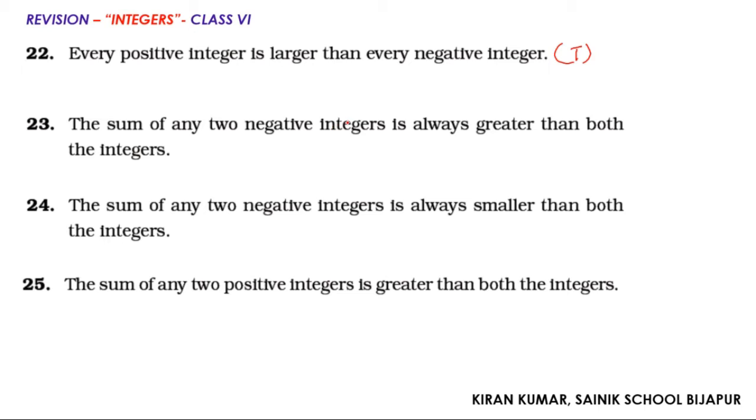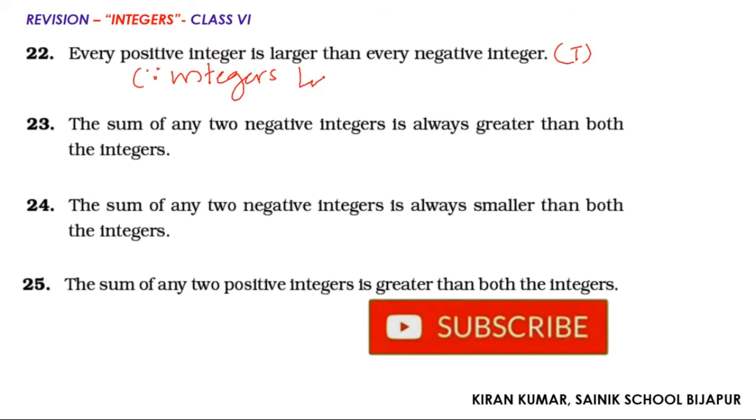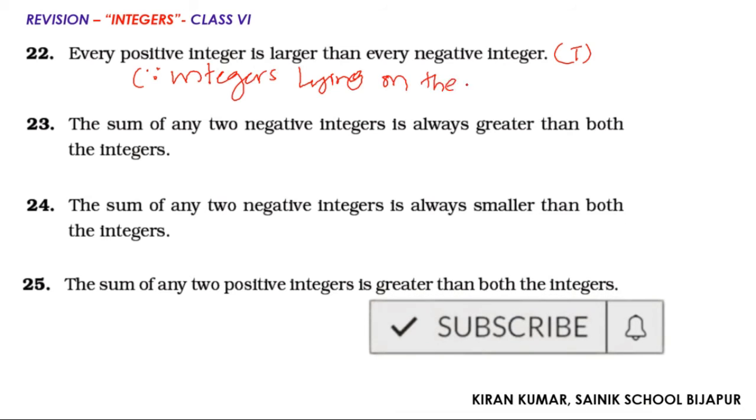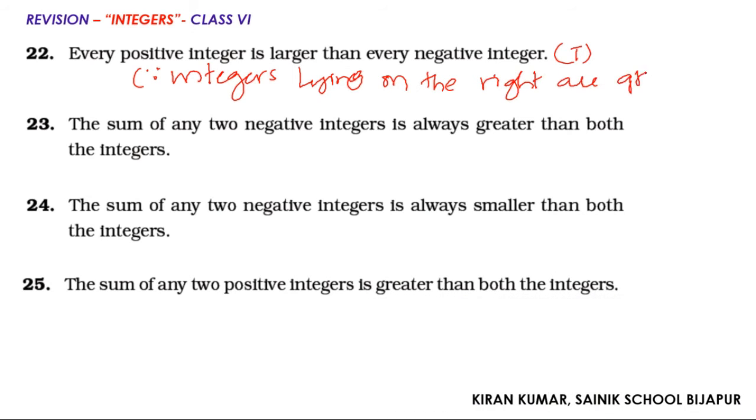Integers lying on the right are always greater. The reason I'll write: because the integers lying on the right are greater.